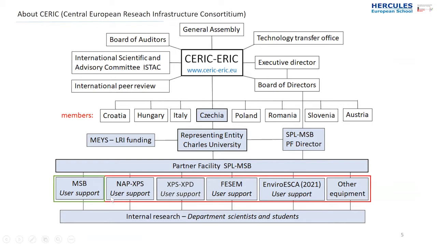Besides the near ambient pressure XPS, which we fully support, we also support X-ray photoelectron diffraction, a field emission scanning electron microscope, and also, from the Italian side, the material science beamline. And since the end of this year, from autumn, we'll also be offering Enviro-SK, which is also XPS, as user support.